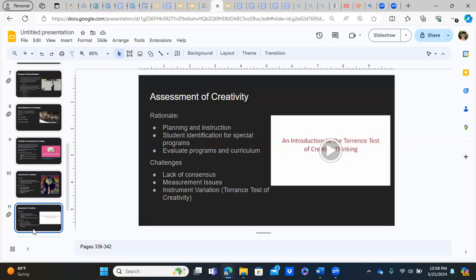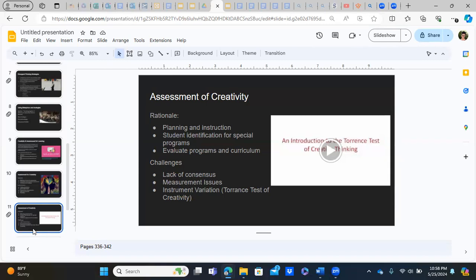And of course, the challenge is there's a lack of consensus. Chapter 9 is going to discuss this a lot, but there's a lack of consensus about what creativity is and what it looks like across domains. What it looks like in English is a little bit different than what it's going to look like in math.